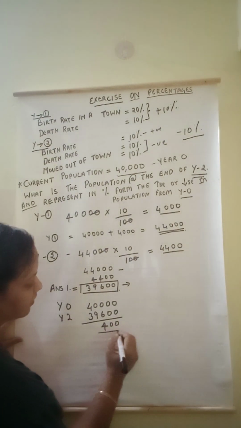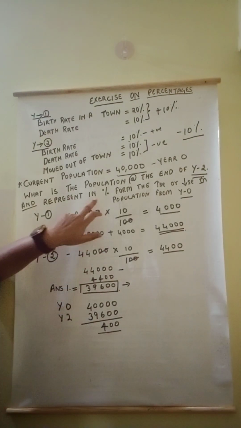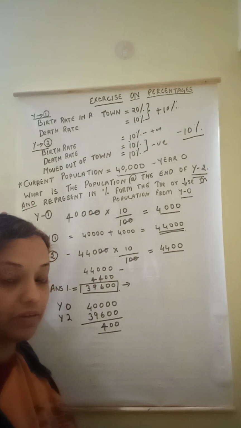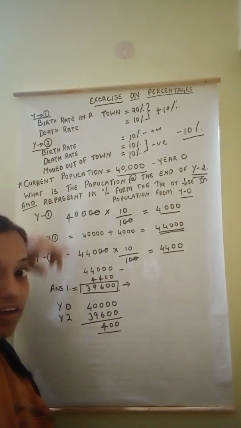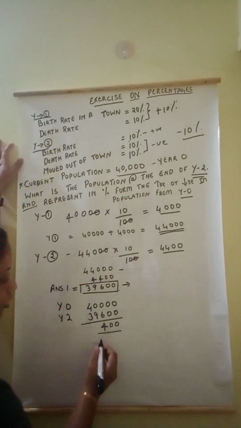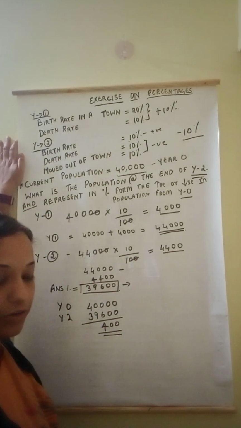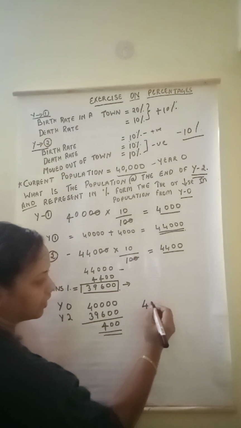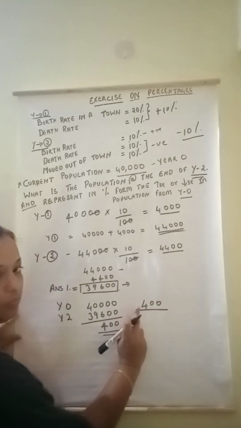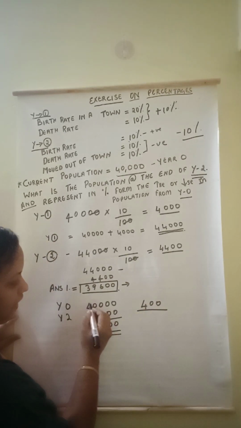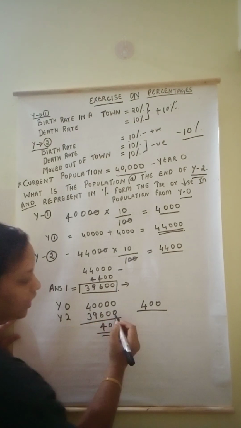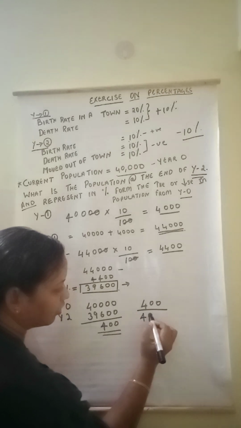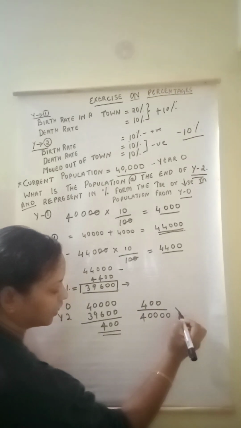We have to find the percentage of this dip. They have not asked you to tell by how many people the population is reduced. They have asked to find the percentage of it. So here you have found the number of people who have reduced. So how do you find the percentage? For that, the formula is the reduction in population, that is the difference between year 0 and year 2, divided by original. What is your original? 40,000. So divided by 40,000 into 100.